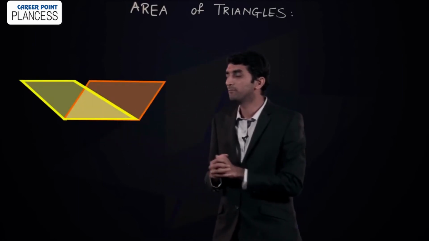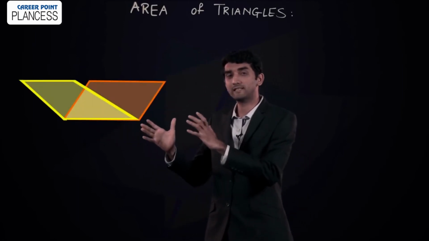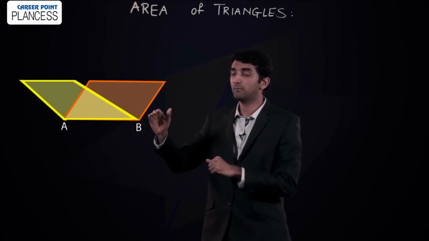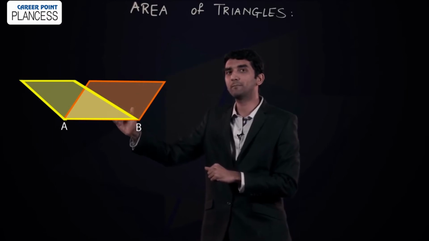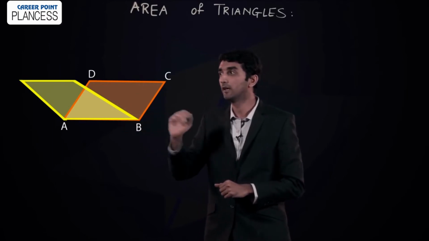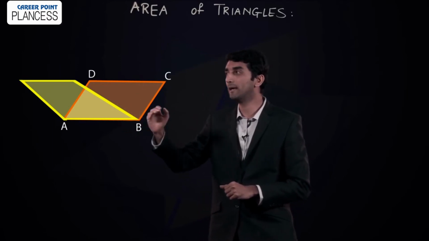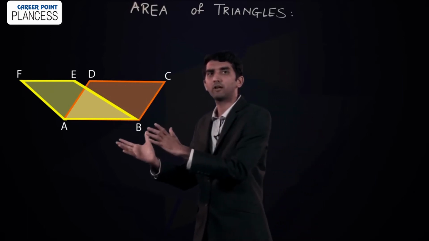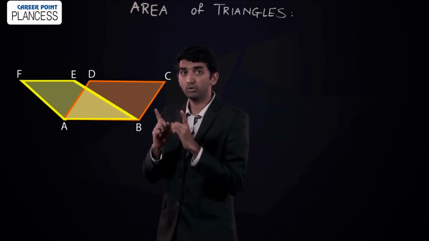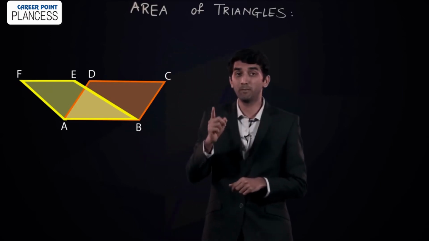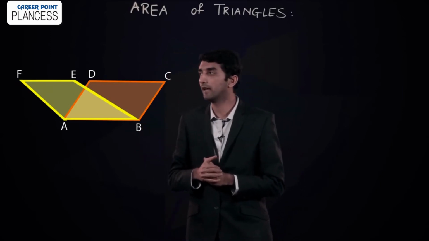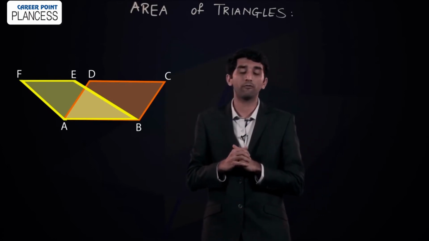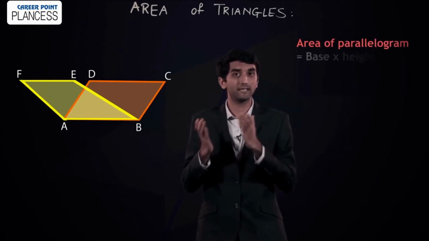As you can see here, we have the base AB intact, and I'm drawing a parallelogram ABCD, and at the same time we are drawing a parallelogram ABEF. So we have two different parallelograms, but both have the same base, which is AB.